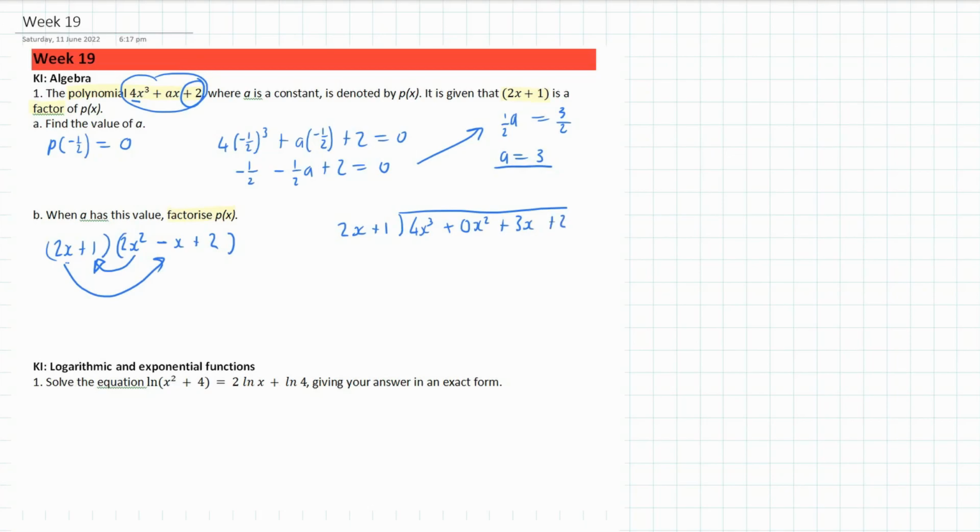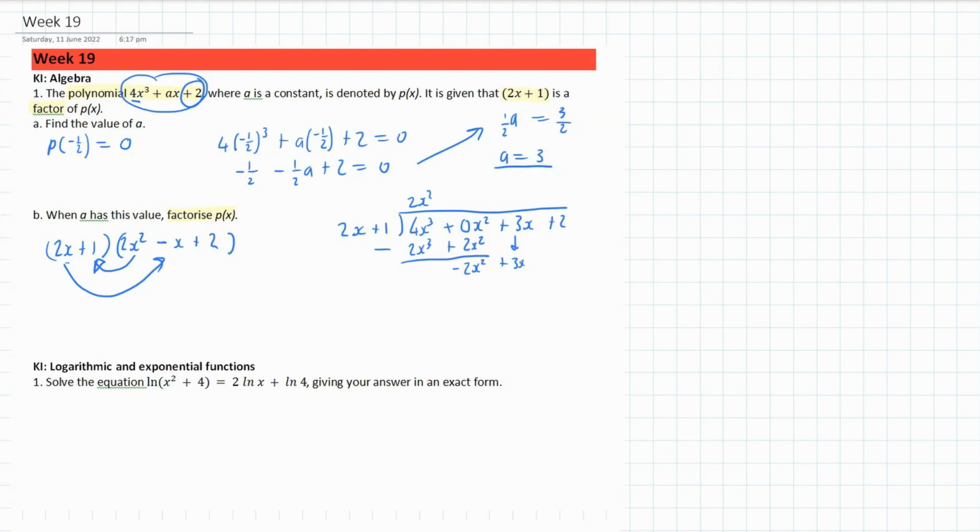And you can see that we need a 2x squared to get this first one, so we get 4x cubed plus 2x squared, and we subtract those from each other. We're left with negative 2x squared. And then we bring down this 3x, so plus 3x.